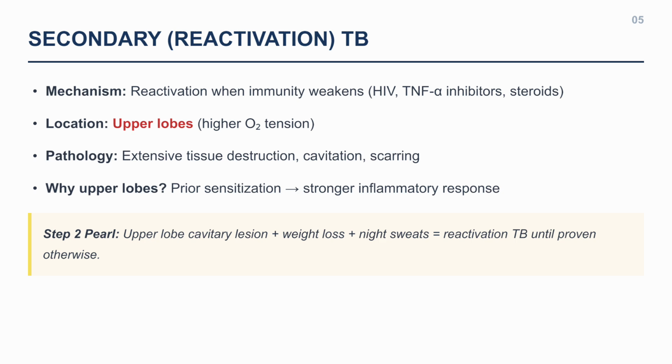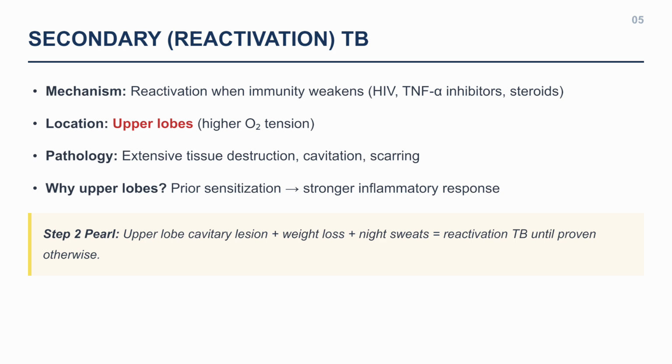Secondary TB, also called reactivation TB, happens when latent TB becomes active due to weakened immunity. Common triggers include HIV, TNF-alpha inhibitors, chronic steroids, malnutrition, and aging. Reactivation TB preferentially affects the upper lobes because of their higher oxygen tension, which favors mycobacterial growth.